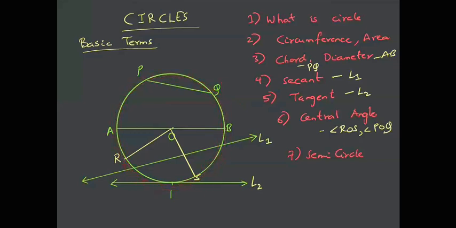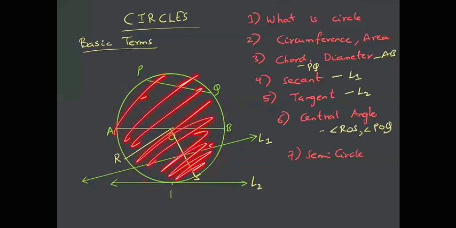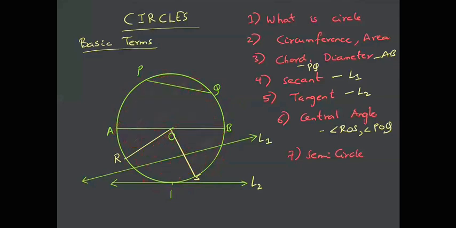If a circle is of radius r, then the circumference is 2 pi r. And what is the area? The region bounded by the circle is called the area. So we have the formulas: circumference is 2 pi r, and area is pi r square.